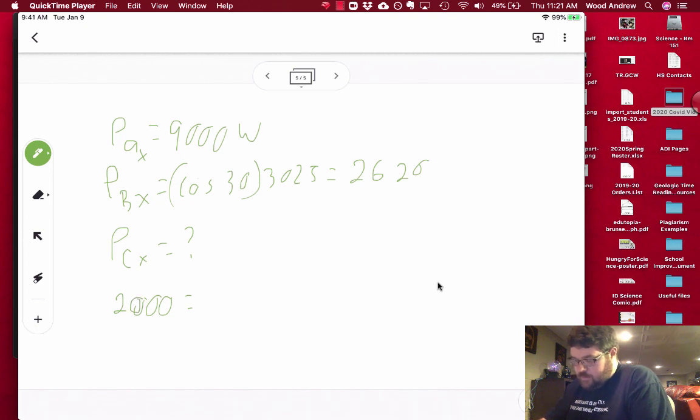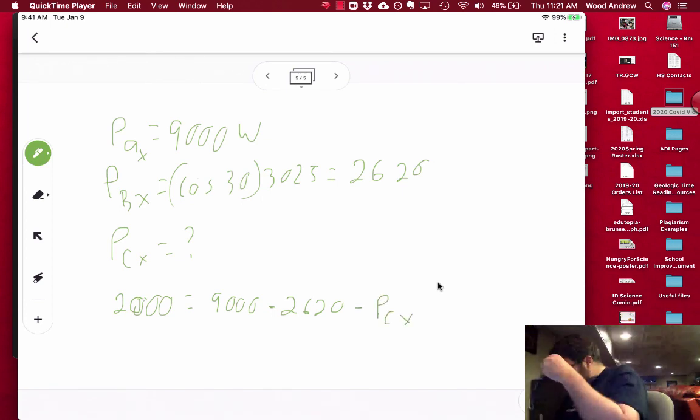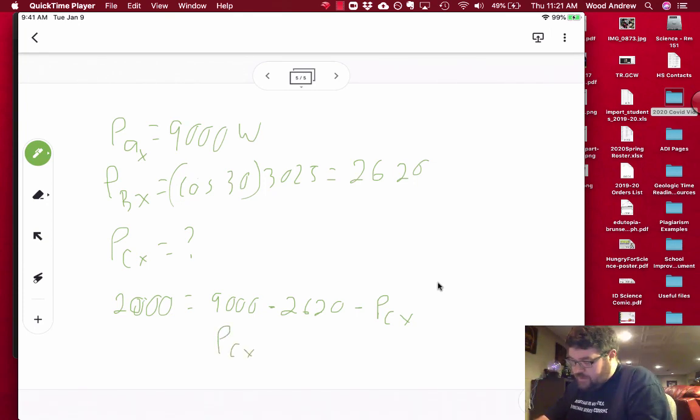So 2,000 equals 9,000 minus 2,620 minus the momentum of C in the x direction. So, math wizard work, the momentum of C in the x direction would equal 4,380 kilogram meters per second. Okay, so that's part of this.